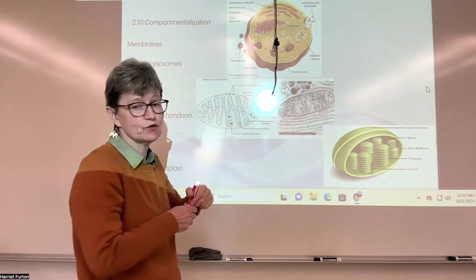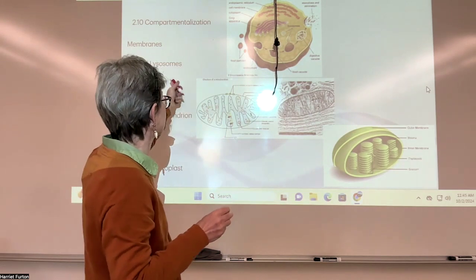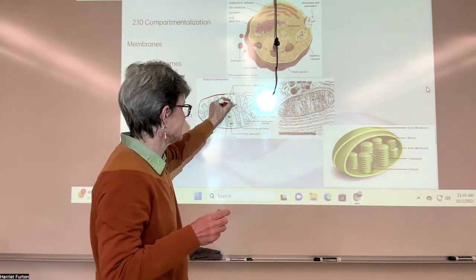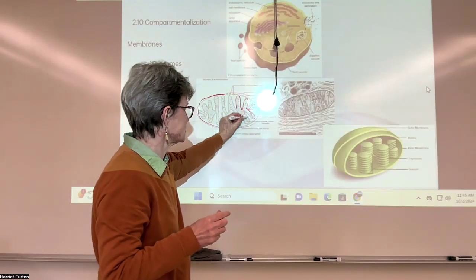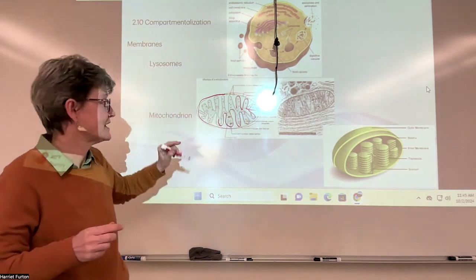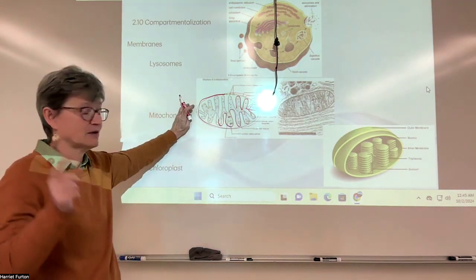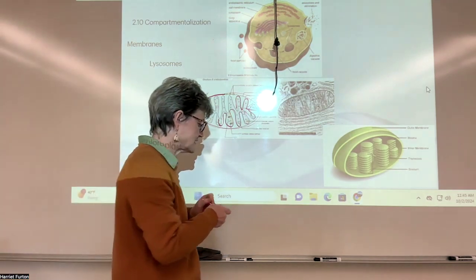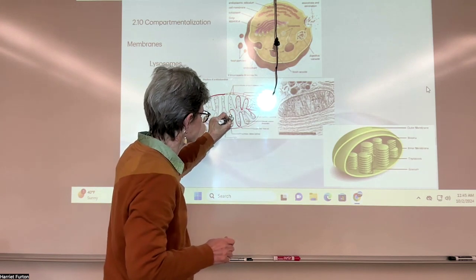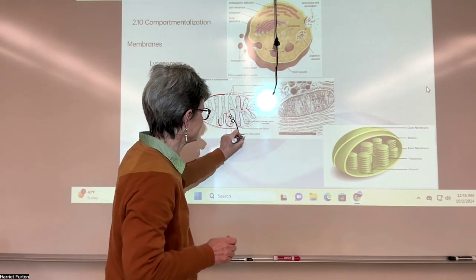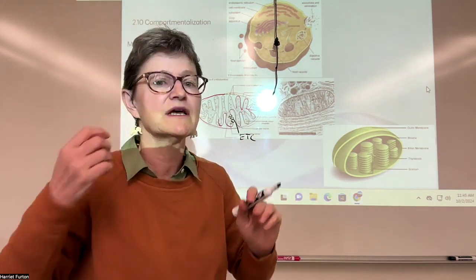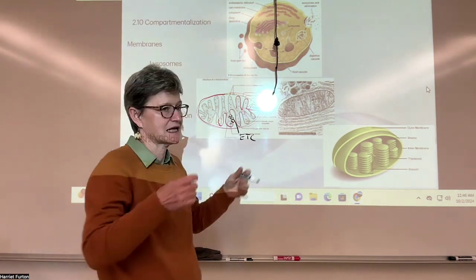We have two membranes, which will be super important later on. We have the outside membrane and the inside membrane. Check how convoluted the inside membrane is compared to the outside membrane. Why is that? Because the inside membrane contains the electron transport chain proteins. We will learn that in the energy unit, cellular respiration.